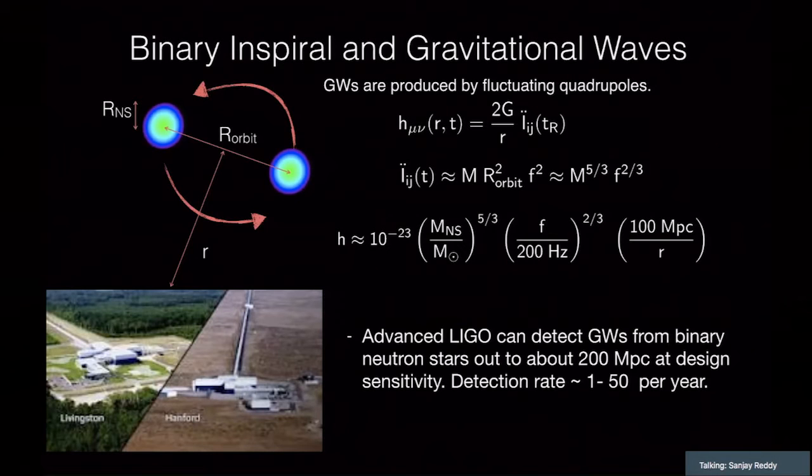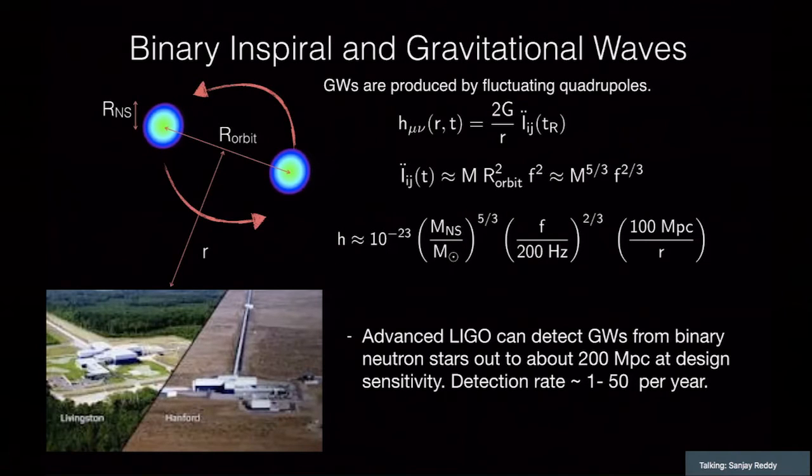So you do this calculation for a binary system, and you estimate what the strain, or the change in the space-time metric, would be on the Earth if you had a binary neutron star at some cosmological distance of, say, 100 megaparsecs.